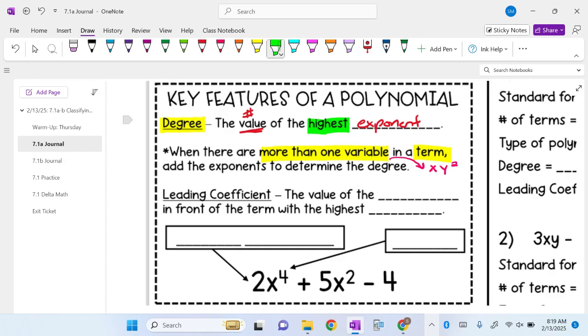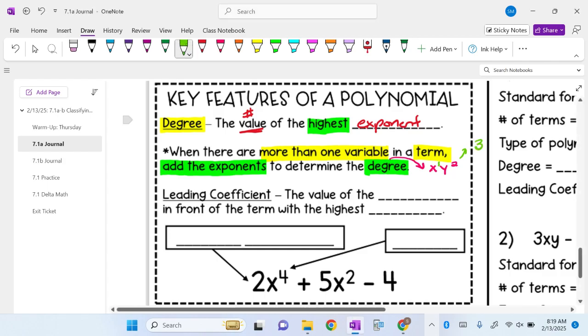All you do is add the exponents of both variables to determine the degree. If I added these two exponents, that means my degree would be 3. So if I ask you to tell me the degree of this monomial, it'd be 3 because you would add those two exponents together.